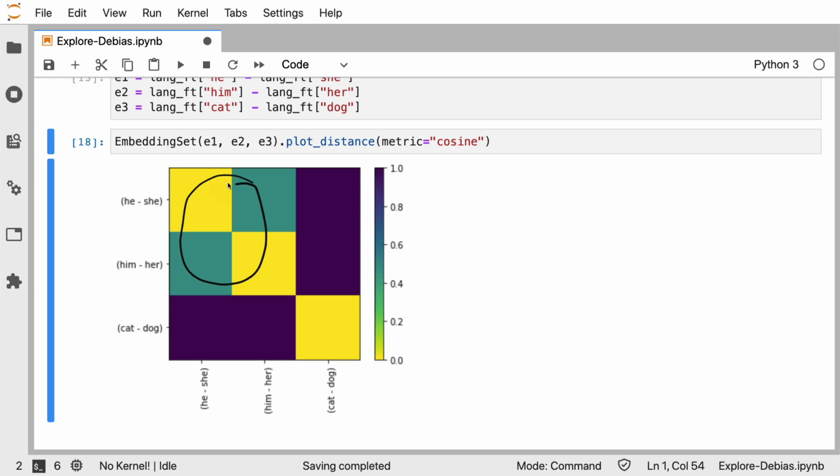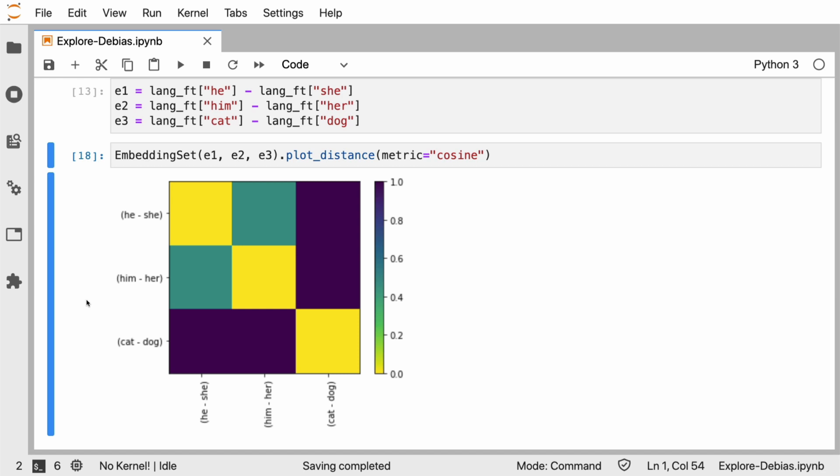Over here, we see that there is indeed some sort of overlap. We can see from the color green over here that him and her are indeed somewhat similar to he and she. And we can see that cat and dog is really not similar with he and she, etc. So what we see here is that there might be something to this idea of a gender direction. There is correlation, I suppose you could say.